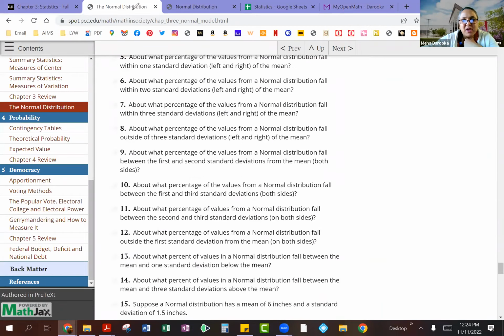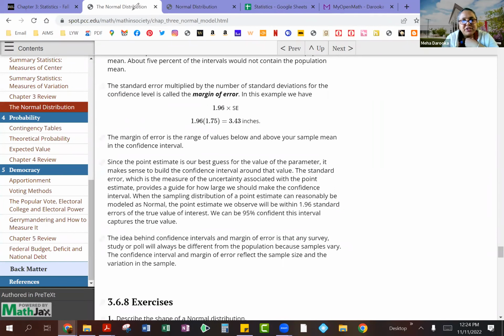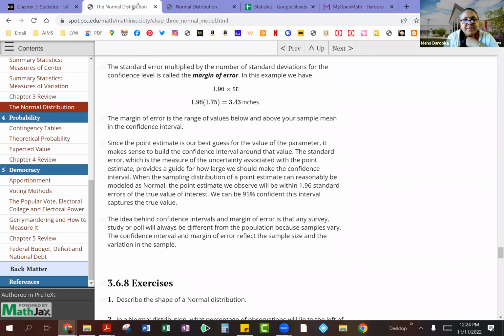So that was the last part we needed to talk about, guys, in chapter 3, basically. And you can just see how they're talking about the last part over here. They're mentioning, since the point estimate is our best guess for the value of the parameter, because, again, your point estimate comes from the sample, and we're trying to generalize that for the entire population, it makes sense to build a confidence interval around that value, what your sample mean is.